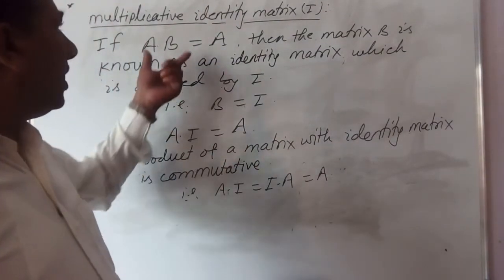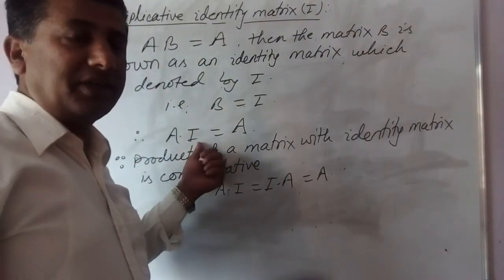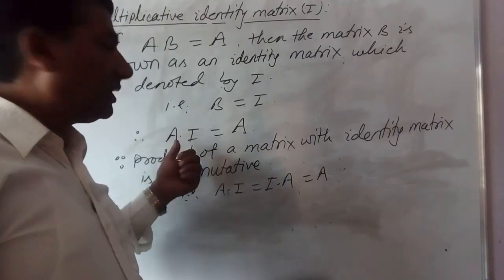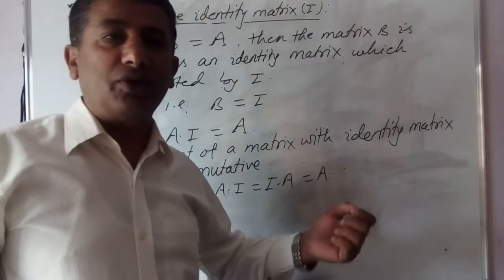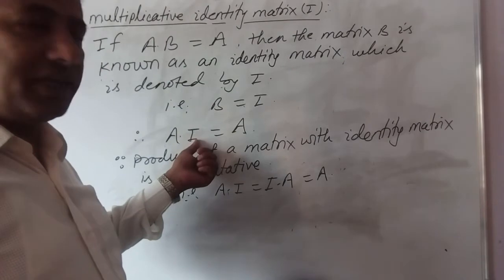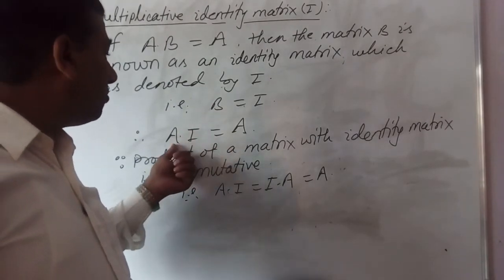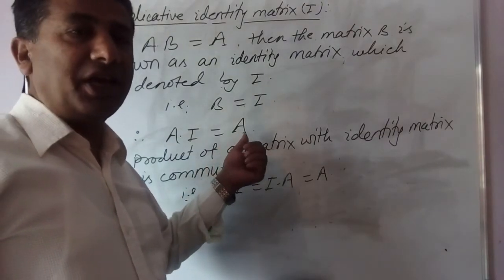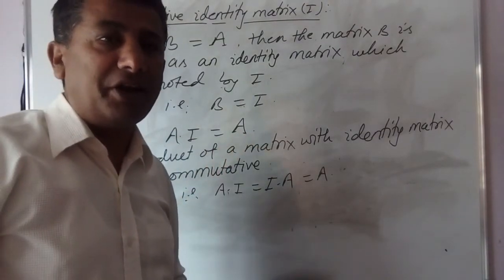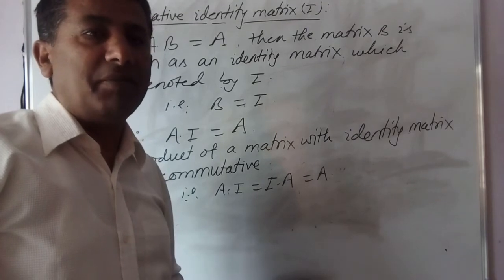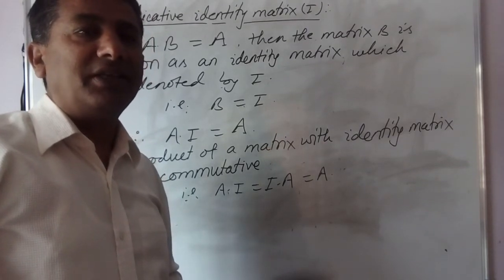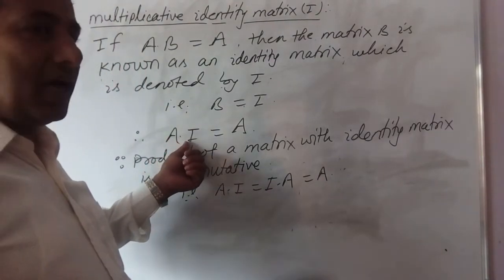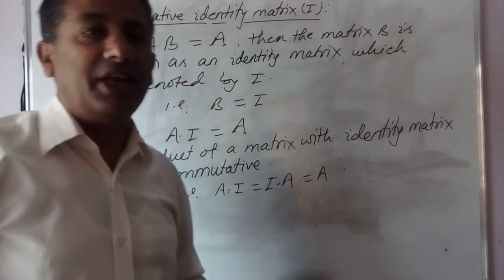Multiply any matrix, A, B, C or D, with the identity matrix, and the identity matrix doesn't bring any change in the product. You get the same matrix. For example, A times I equals A.